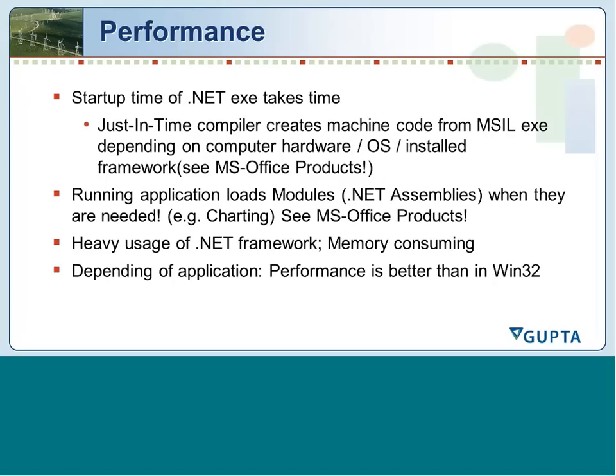So if you start the executable, the just-in-time compiler creates machine code from the MSIL executable, depending on your computer hardware, maybe on the processor type, on the operating system, installed framework, and so on. So if you double click on the executable and start your application, it takes time to compile the application with a just-in-time compiler.